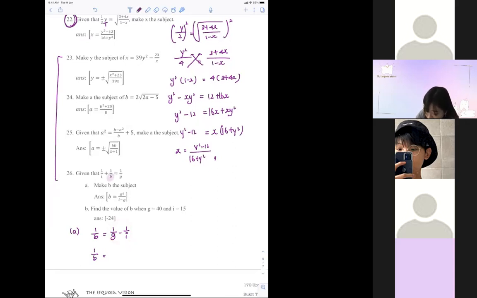So we make the denominator the same, times I times G over IG. If I want B the subject, I flip the fraction here, right? I can flip the fraction also. So B over 1 is equals to IG over I minus G. Okay, so B over 1 is just B lah. Answer.